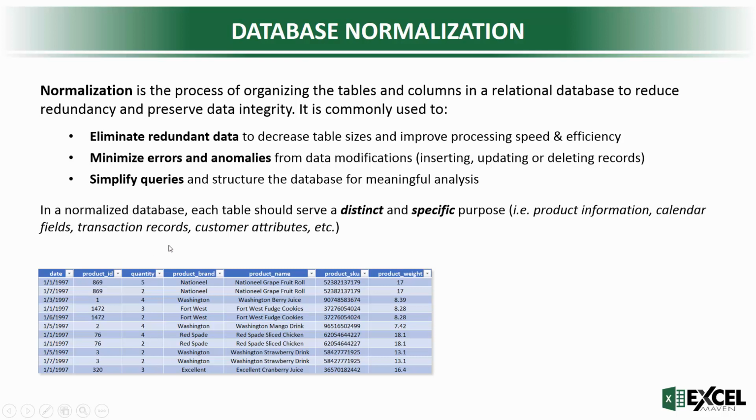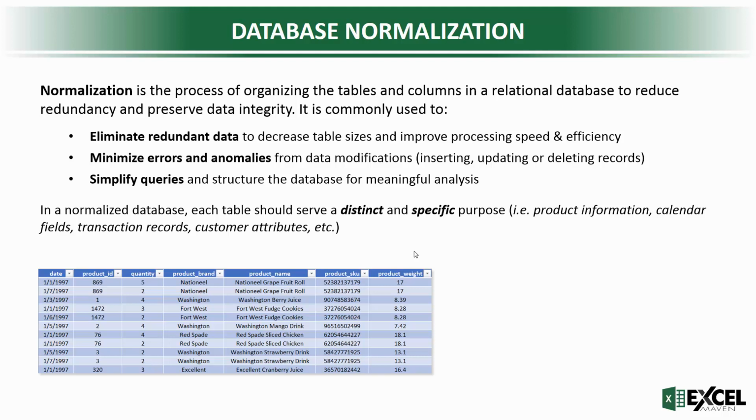Now, on top of that, we also have these four additional columns which provide more information about the product based on this product ID. So this is pulling in information about the brand, the product name, the product SKU, and the product weight, which is fine. There's nothing inherently incorrect about doing this.